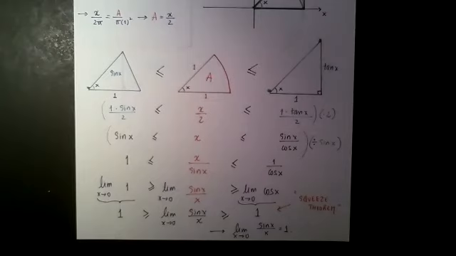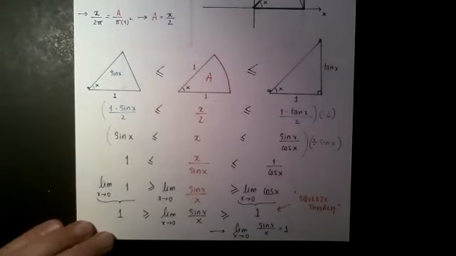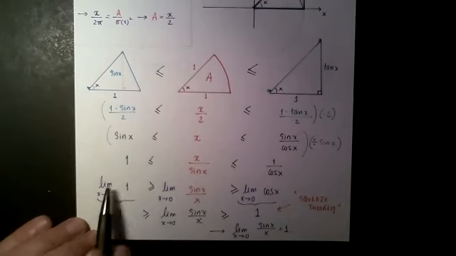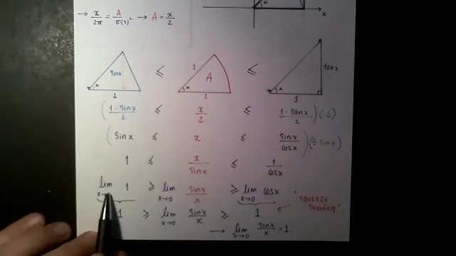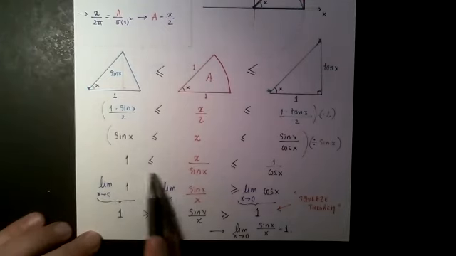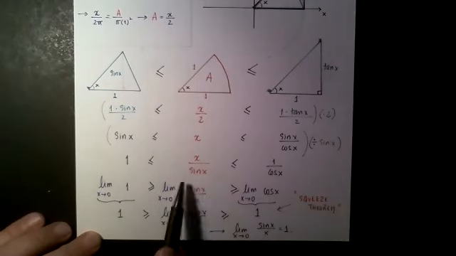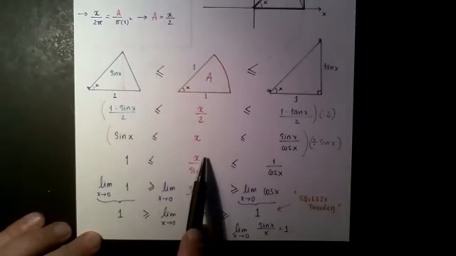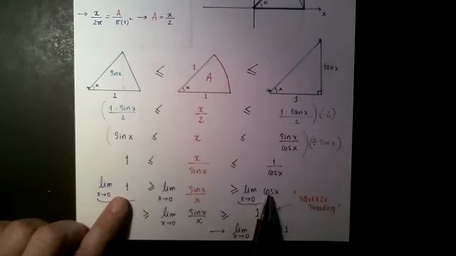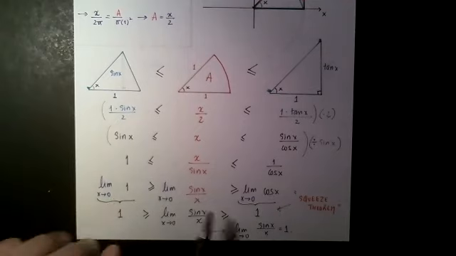Can you just explain the last two steps? Where you put the limits. So, before the limit, the sine x over x is between 1 and cos x.